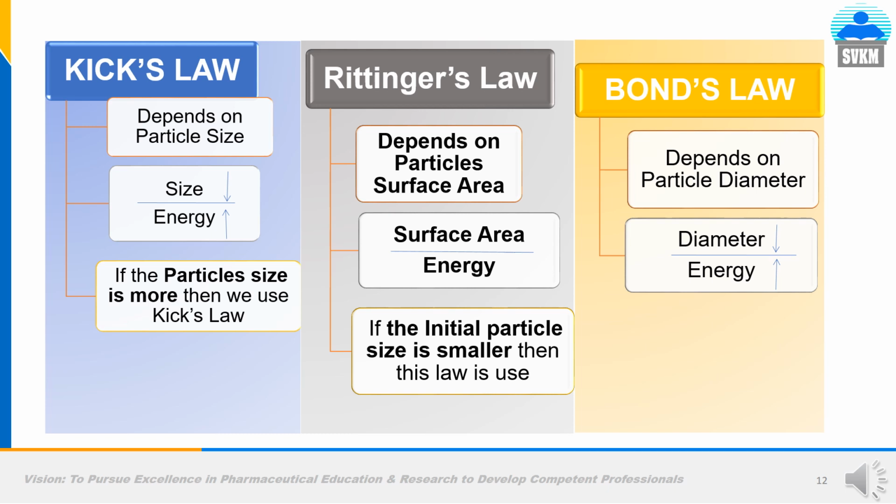That is the difference between Kick's law, Rittinger's law and Bond's law. Kick's law is used if the particle size is large. If the initial particle size is smaller, then Rittinger's law is used. This is the comparison between Kick's law, Rittinger's law and Bond's law.